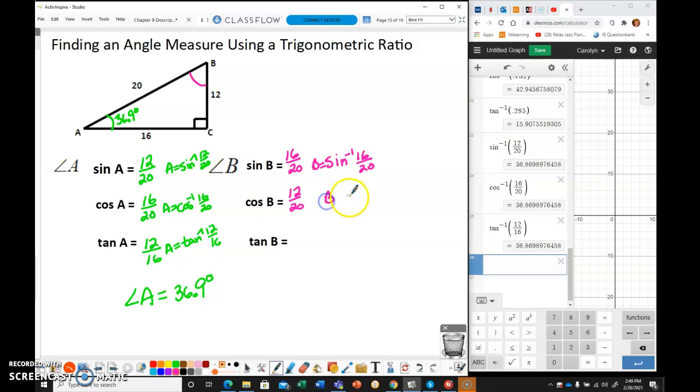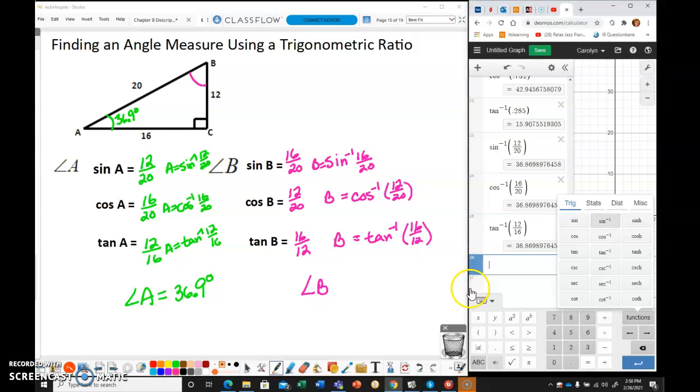So to figure out the angle of B, I'm going to do the inverse cosine of 12 over 20. And the tangent of B is the opposite over the adjacent, which is 16 over 12. So to find the angle B, I'm going to do the inverse tangent of 16 over 12. And all three of those should get me the same angle measure for B.